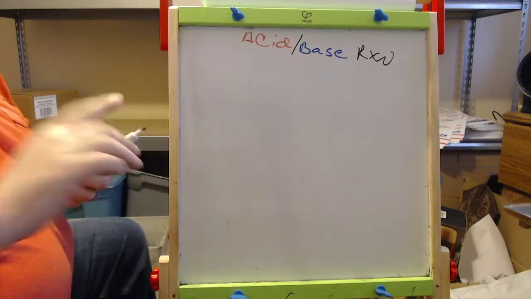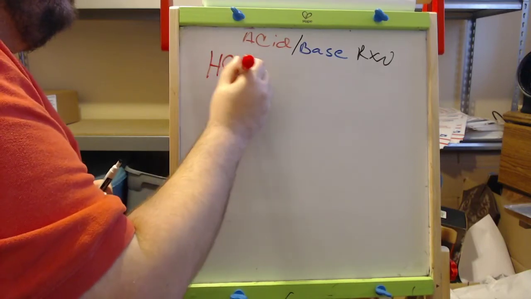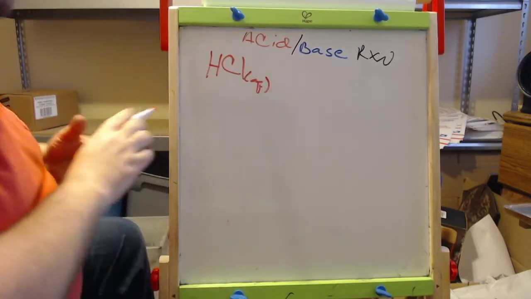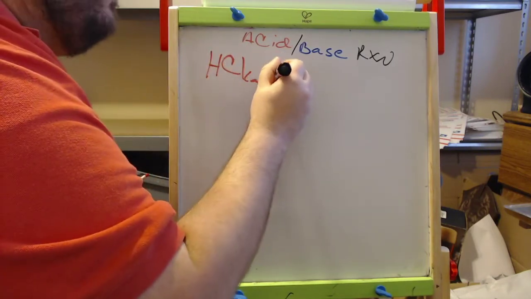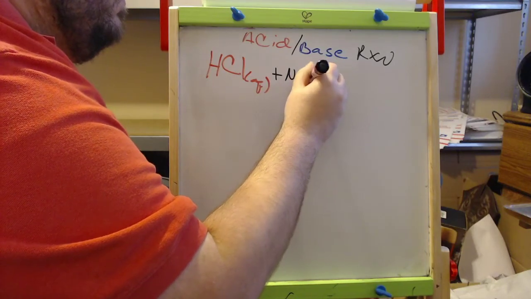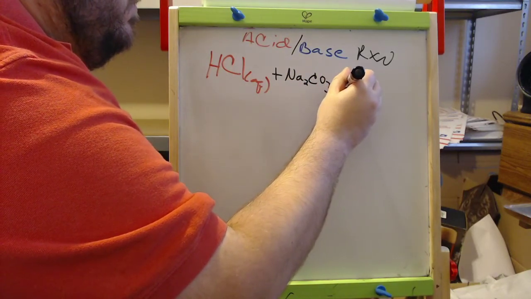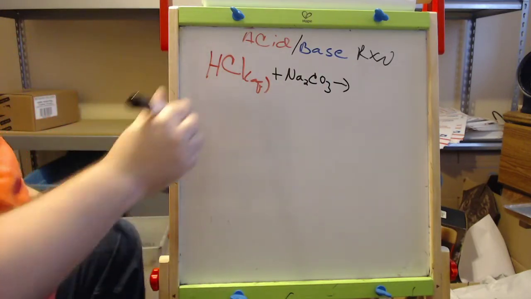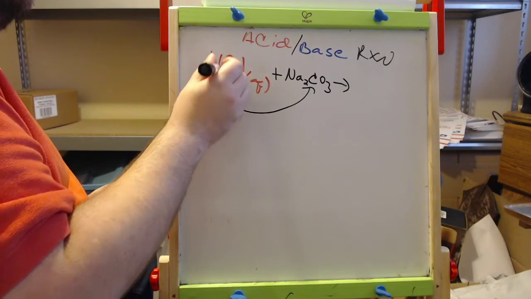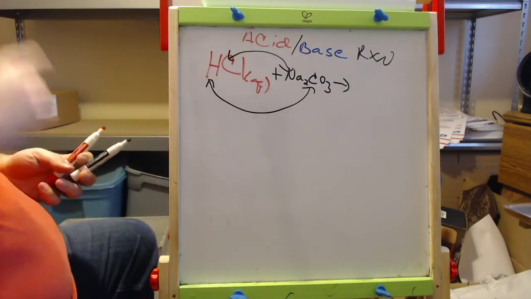If I take an acid and add it to a carbonate or a hydrogen carbonate, it's a double displacement, so hydrogen's going to go with the CO3 and the Na is going to go with the Cl.